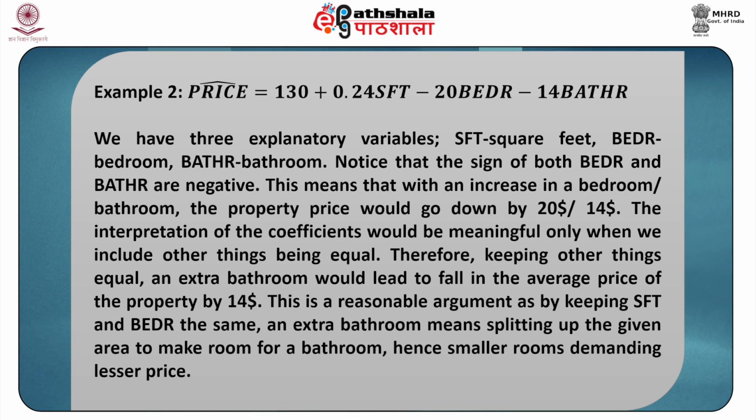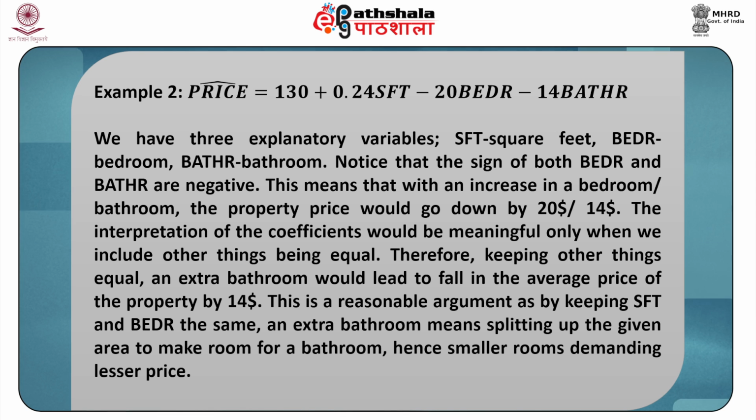So we have included three explanatory variables. These are SFT, the square feet area of the house or the property, the BDR, as I said, the number of bedrooms, and the number of bathrooms as BATHR. So before attempting to interpret, one should look at the signs of the coefficients.